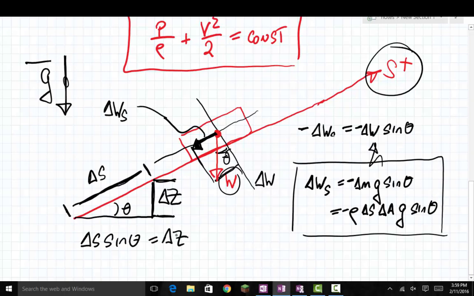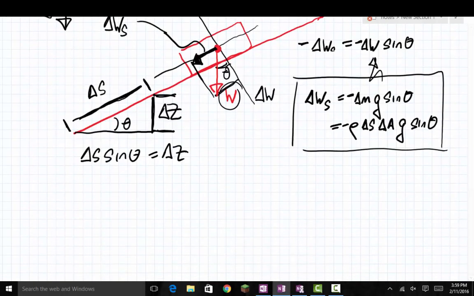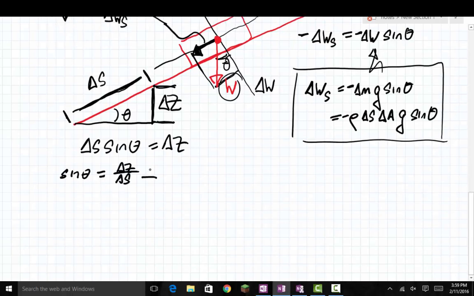So just move up a little bit. We'll find out that the sine of theta will equal delta Z over delta S, and we can take this essentially in the limit, and we write this as dz/ds.